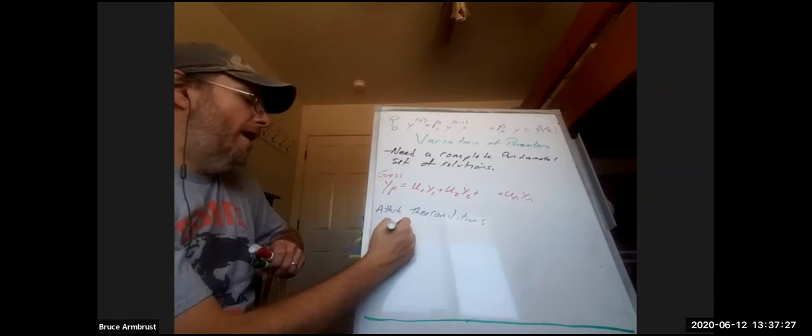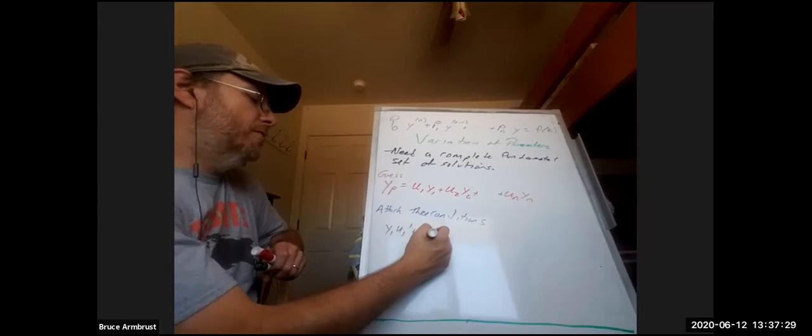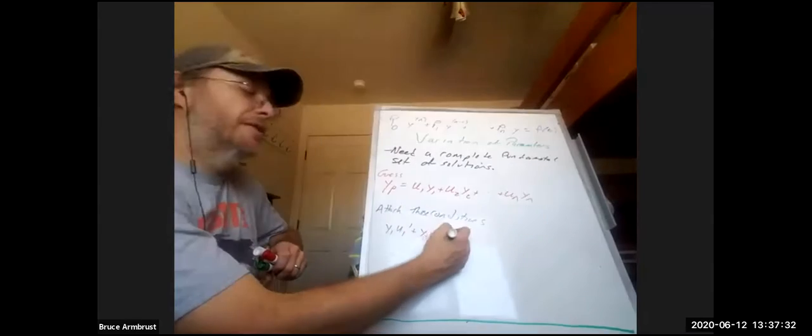We're going to make it so that y1 u1 prime plus y2 u2 prime plus, down here to yn un prime, equals 0. That's pretty much exactly the same one that we did before, just now with n of them instead of just the 2. But we're also going to put on that the same thing happens when we look at the derivatives of y.